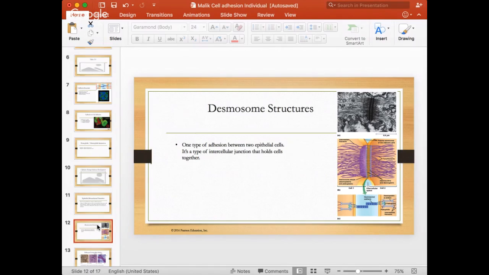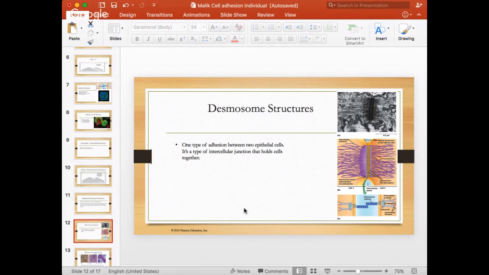The cadherins in desmosomes are called desmocollins and desmogleins. In the cytosol, the desmosomal cadherins interact with proteins as well.